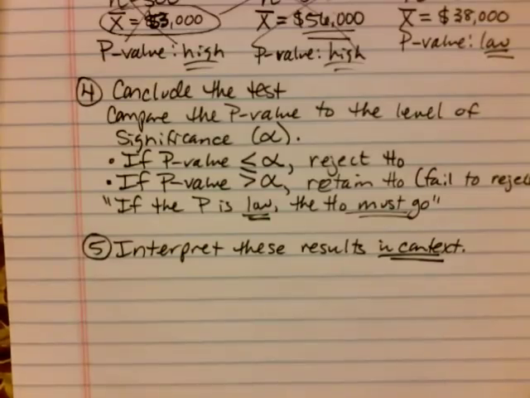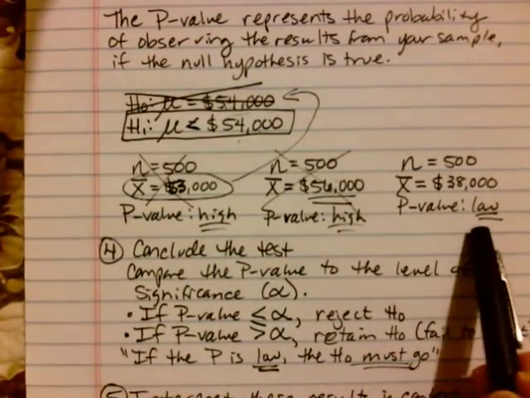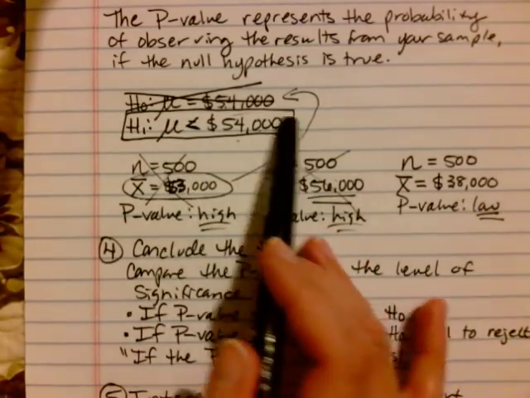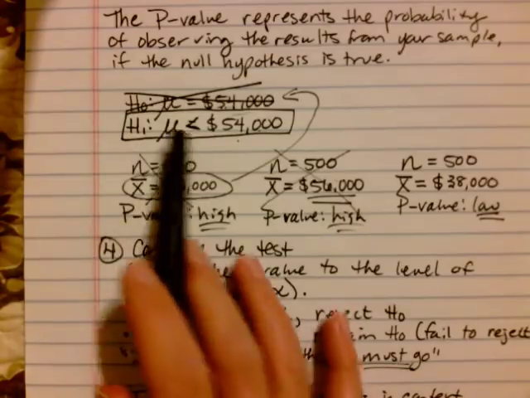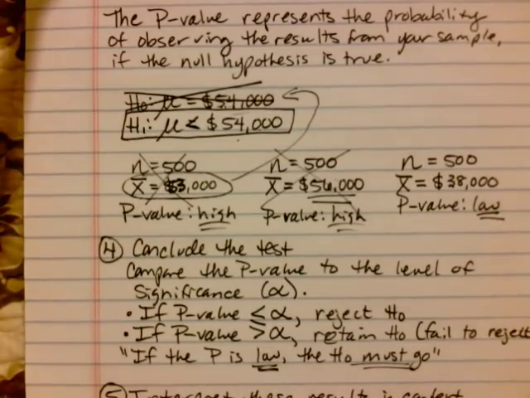That's not helpful to them. What we instead say is, we conducted a hypothesis test, and we were able to show that there was enough evidence that the average annual household income in Bellingham is now less than $54,000. Okay, that's the in context piece. And that's the whole process of hypothesis testing.